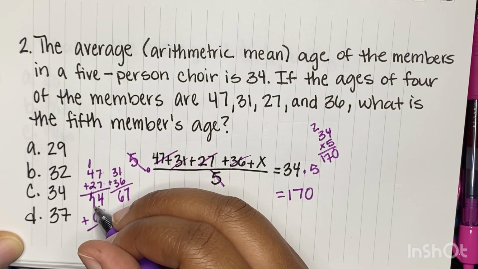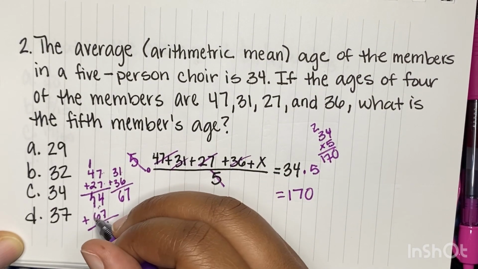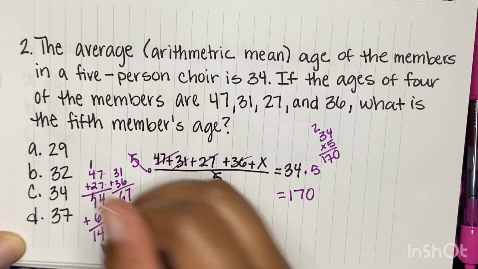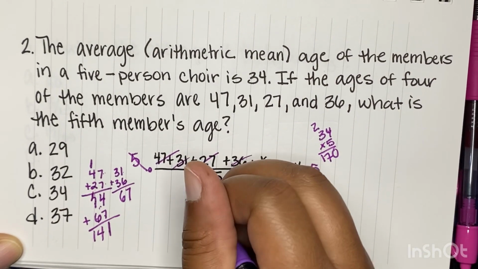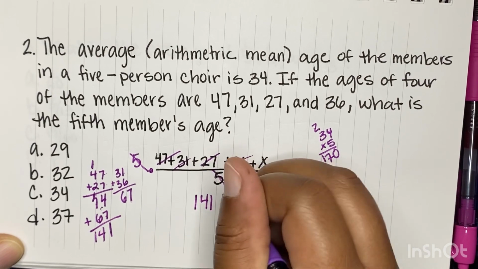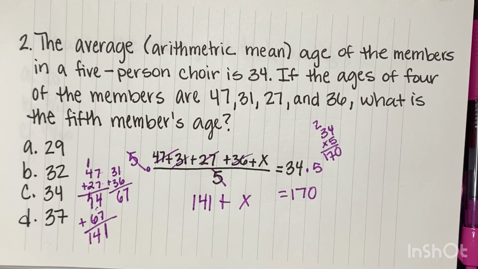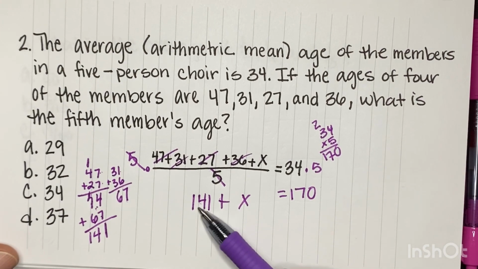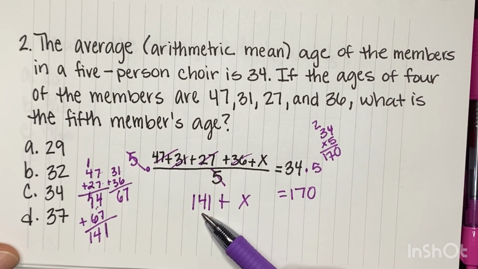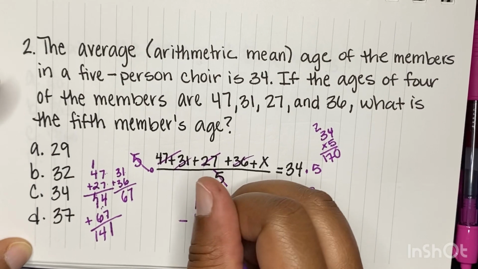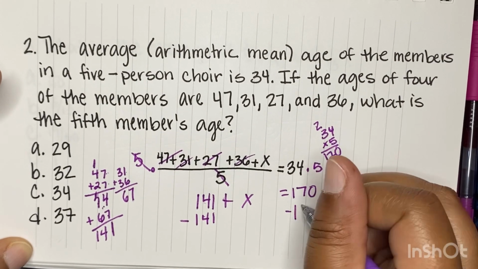And then 7 plus 6 plus 1 is 14, so 141. So we have 141 plus x equals 170. How do we get x by itself? Well, we're going to do the opposite of this positive, and so we're going to subtract 141 from both sides.